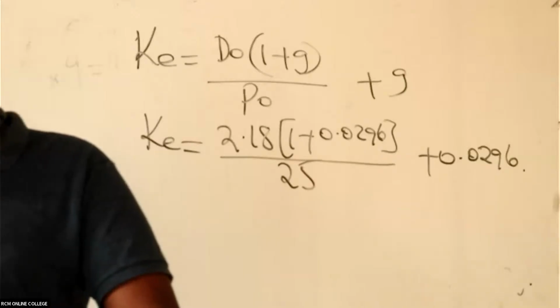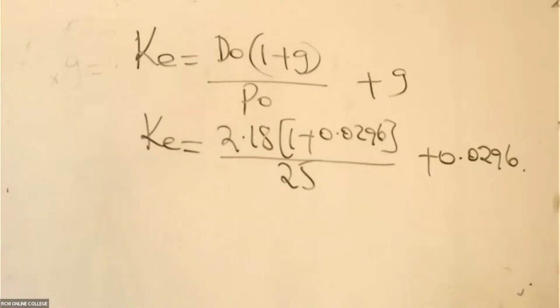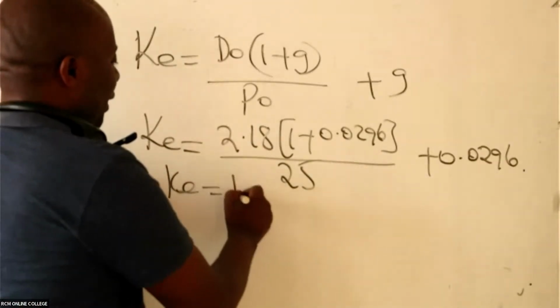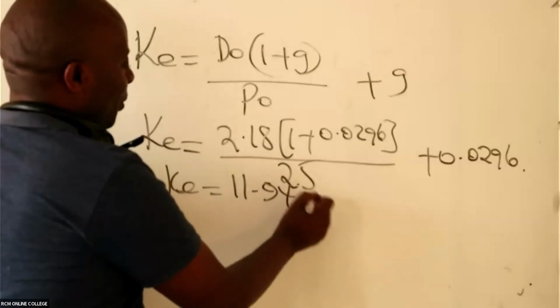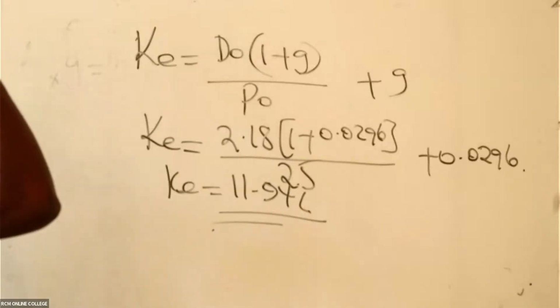Yeah, 11.94, I agree. So the cost of equity is 11.94%.